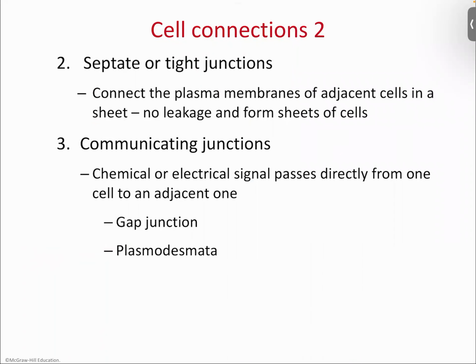Let's start off with the tight junctions. First of all, the tight junctions are two proteins that are connected to each other and they're very tight. So there's no space, there's no leakage. No space between these cells.